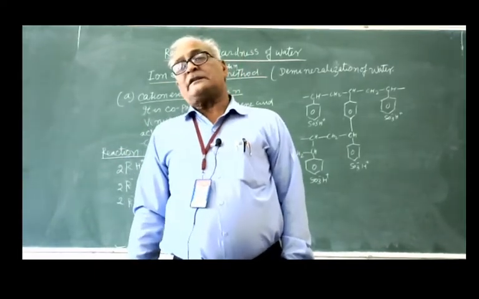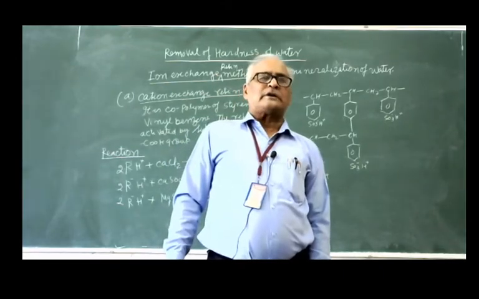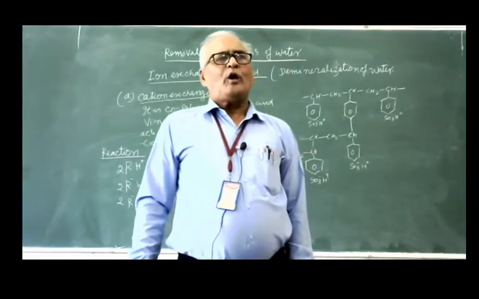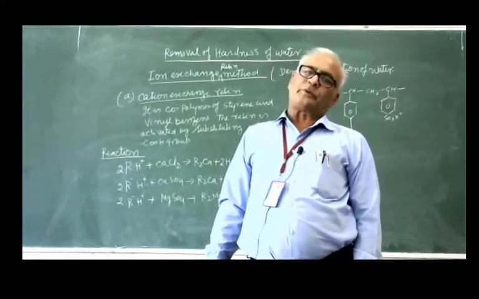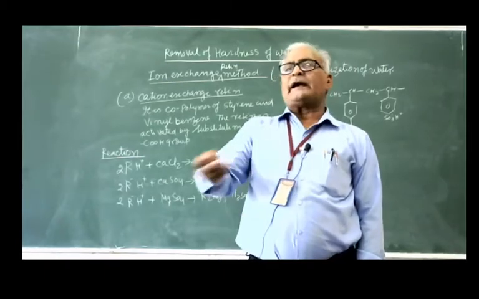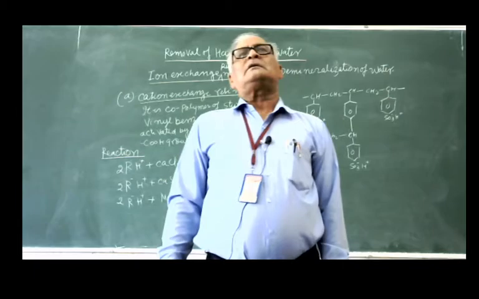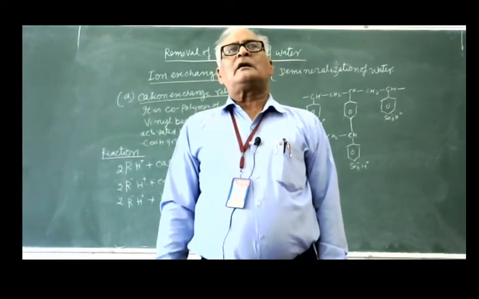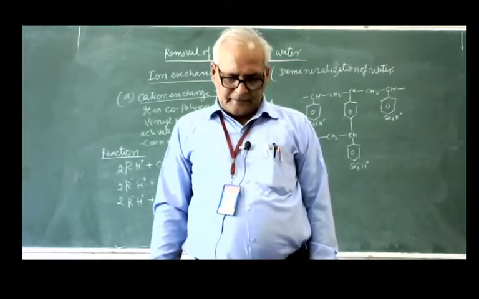But negative ions like sulfate, chloride, bicarbonate and carbonate are not removed by the zeolite process. So these ions remain in the water, and complete softness of the water is not achieved.